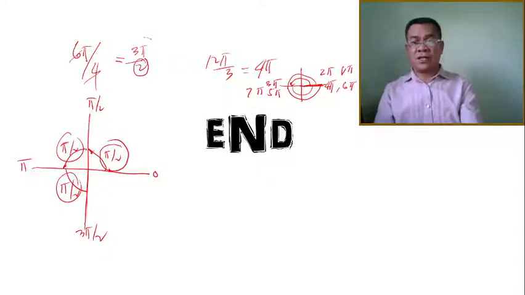For the fractional denominator 2, if the numerator is odd, this will fall on the negative y or positive y.